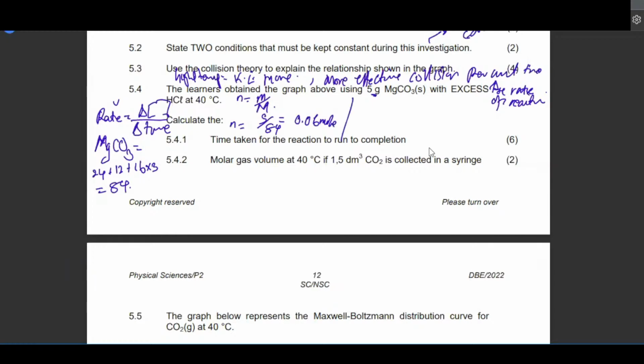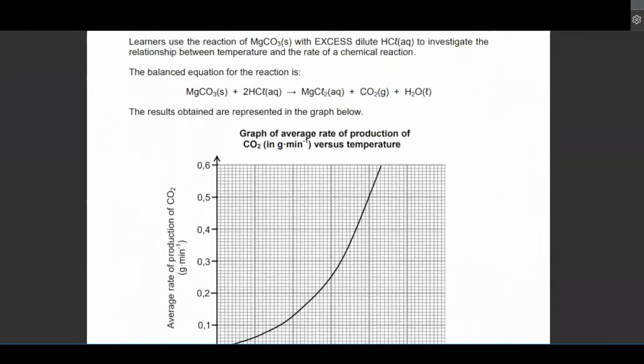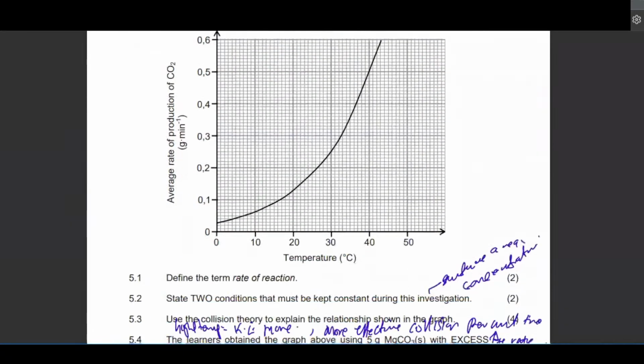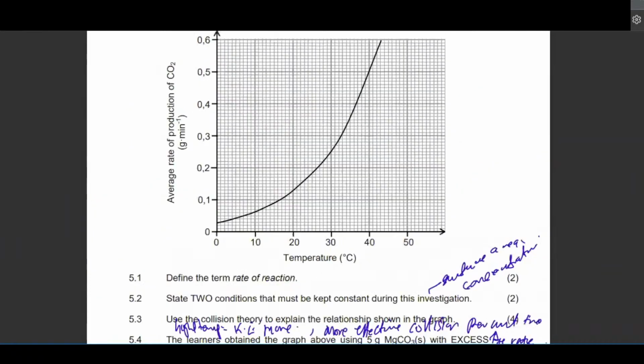So now from here, I need to do a mole ratio, magnesium carbonate to carbon dioxide. If you go back to the equation, you'll find that the mole ratio of magnesium carbonate to carbon dioxide is 1:1. So if I have 0.06, I'm going to also have 0.06. So now, because the graph is giving us mass, in grams, I have to change this.